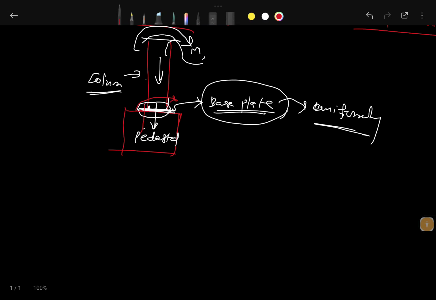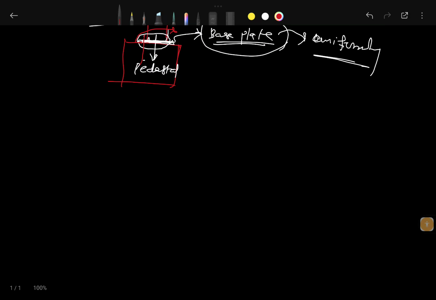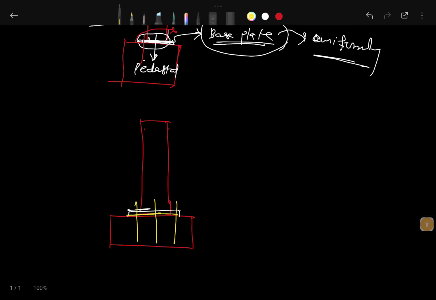So that's why for the second option we provide anchor bolts. Okay.